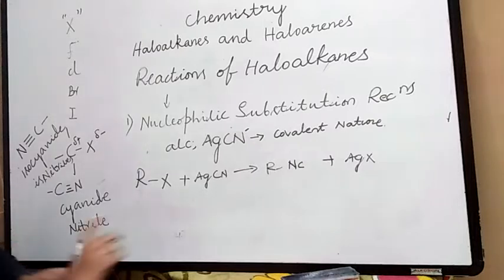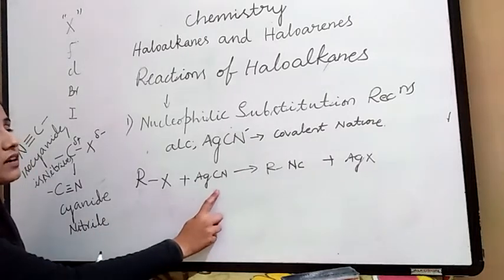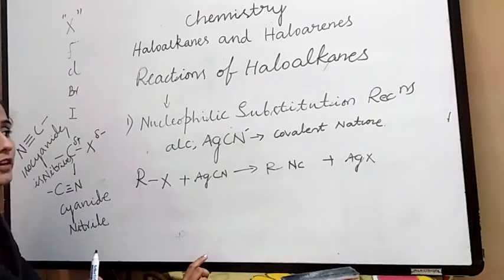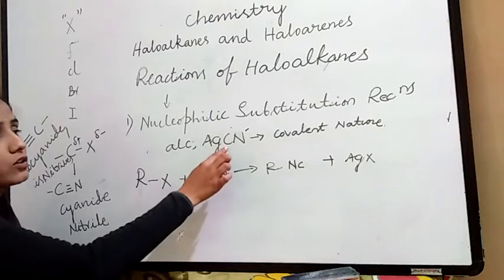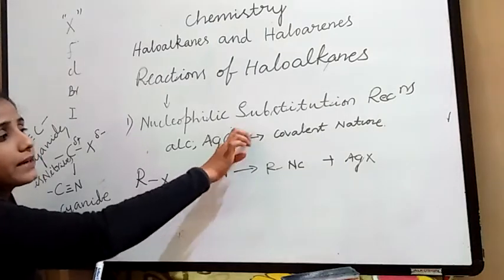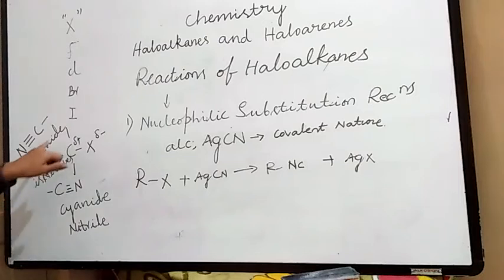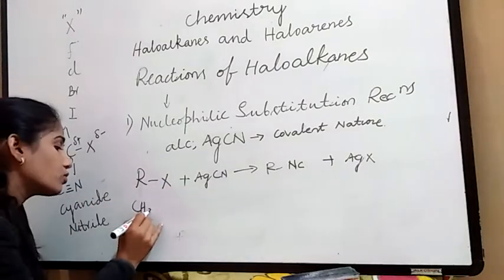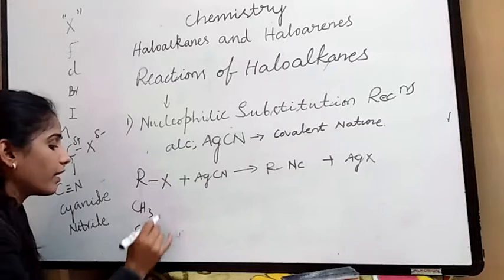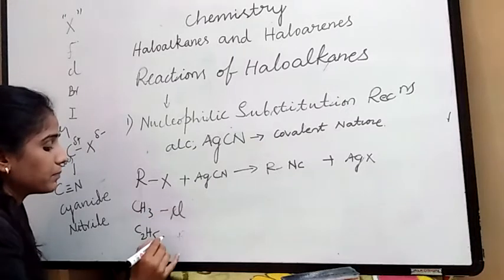Again I am telling, alcoholic AgCN is covalent in nature. Because of it, the nitrogen is able to donate the electrons rather than carbon. Hence, it forms isocyanides or isonitriles. So, by taking R equal to CH3 and C2H5, you should write the examples.